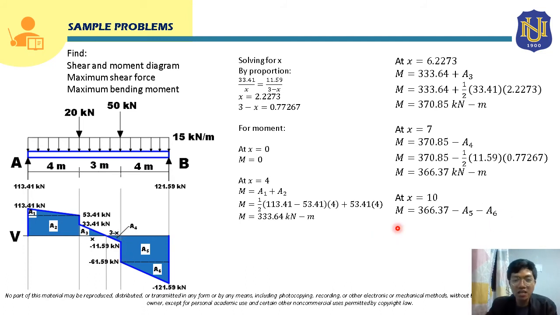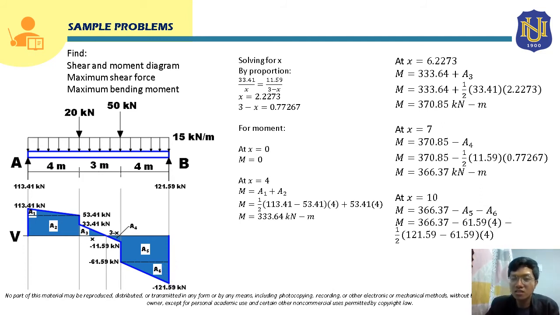And for area 6, class, this is a triangle, so 1/2 base times height. Its base is 4 meters and its height is 121.59 minus 61.59. So this is the height of the triangle.